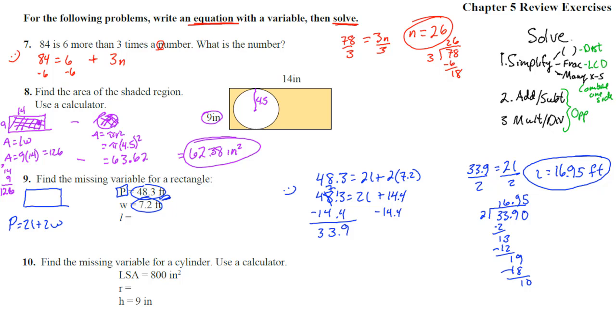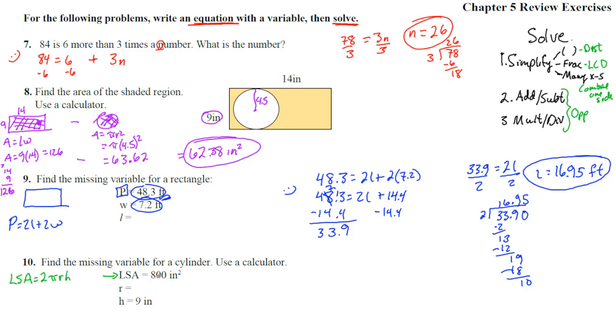All right, number 10. Find the missing variable for a cylinder. So we look up the formulas for cylinder, and we've got to find the one with the LSA in it. And we get LSA equals 2 pi r h.